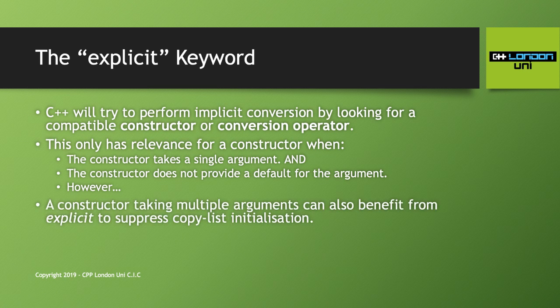However, C++11 loves giving us new ways of initializing things, and that changes the game again. So if a constructor takes multiple arguments, it can actually weirdly benefit from having explicit on it. And this is the only example of why. Imagine a my class constructor which takes int, int, int.